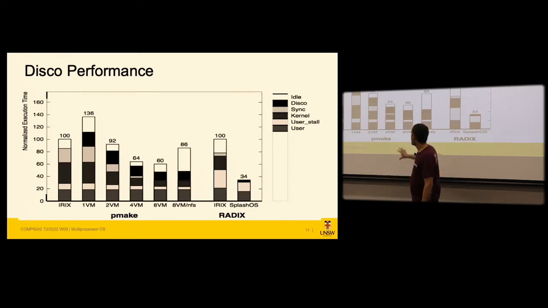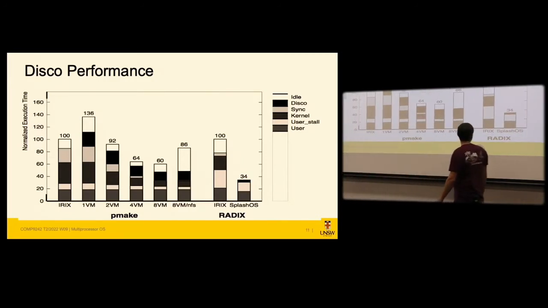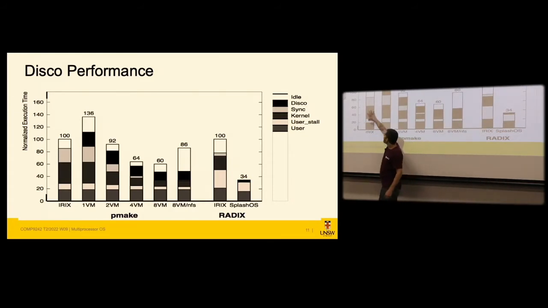They ran PMake, which is a parallel make, so basically building in parallel. And they ran it on IRIX, which is a version of Unix. This bar represents IRIX running on, I think, an 8-core machine. So IRIX as an SMP OS running on an 8-core machine.